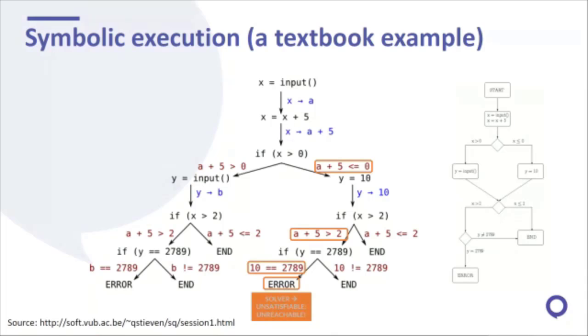For example, the easiest contradiction is the last constraint, which is 10 equals another constant, which cannot be true. And by the way, the first two constraints are also contradicting. Now, if you think of path coverage, which basically guarantees that all parts of the software unit under test are exercised and executed, then symbolic execution can give you a guarantee that this is not possible.